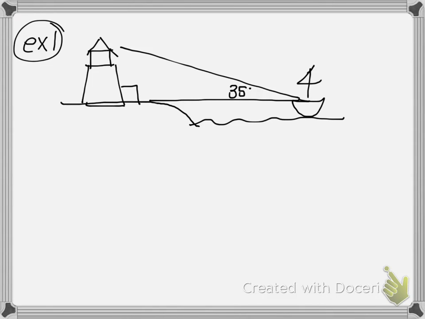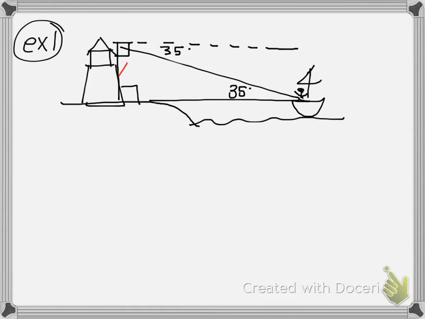Alright, so we have our lighthouse, and we have a little person on our ship that can see the lighthouse. The angle of elevation from that person is 35 degrees. And if you were at the top of the lighthouse, the angle of depression from the lighthouse is the same as the angle of elevation from the boat. And we know that our whole angle right here is 90 degrees.